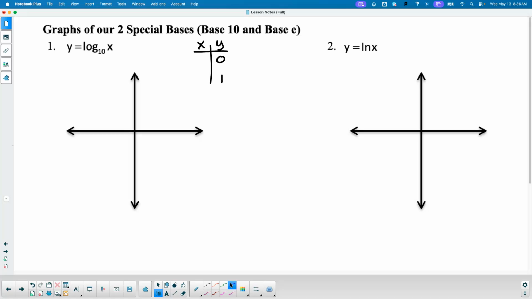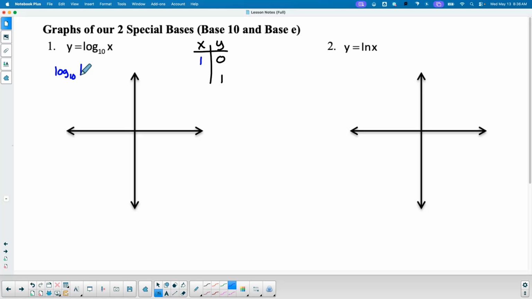What's going to make it be 0? 1. If this is 1 here, then this is really log base 10 of 1, which was one of our special properties 2 pages ago, that's always 0.